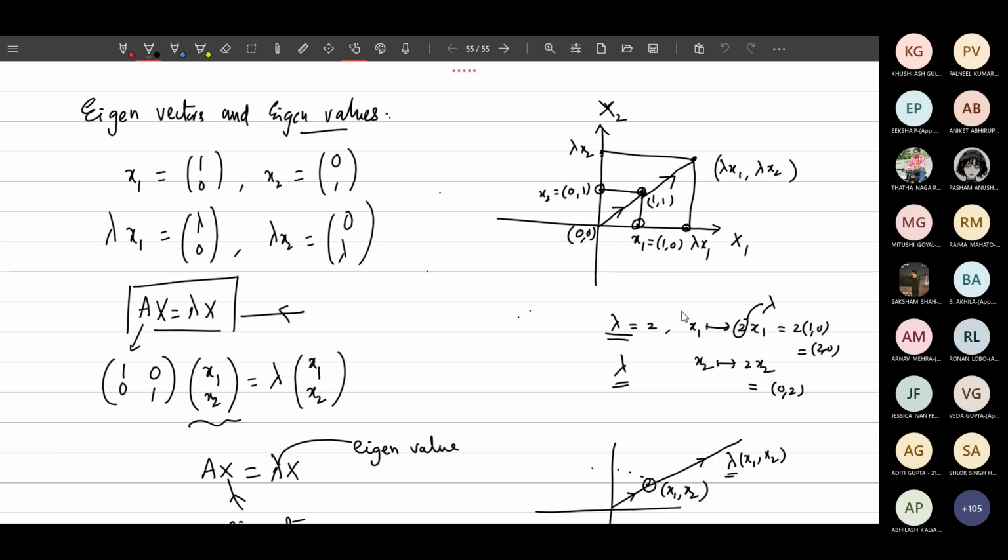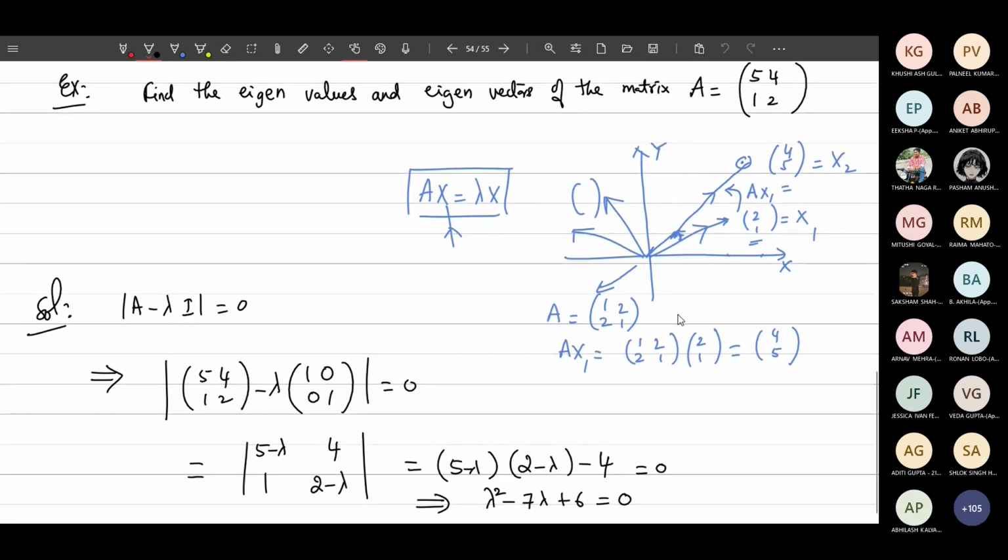Did you copy that previous one? Let's see. Lambda square minus 7 lambda plus 6 equal to 0, so that has the solution lambda equal to 6 and 1.